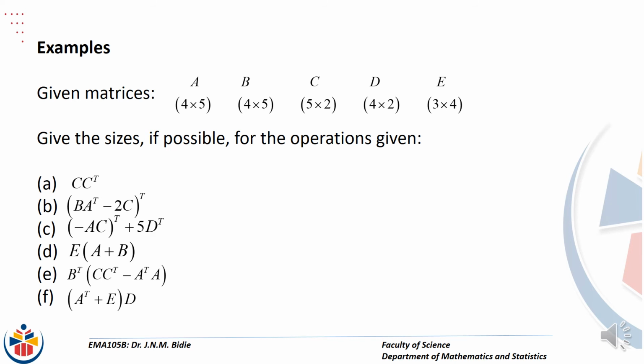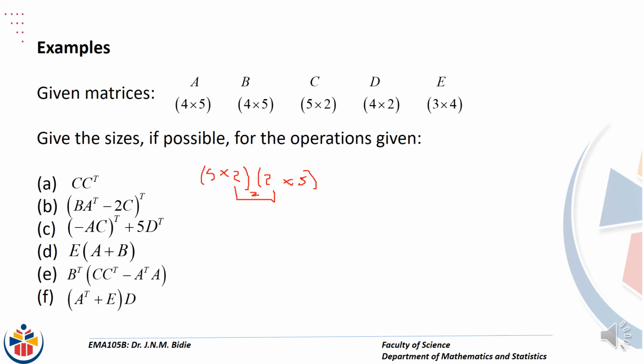So let me try and write it here. 5 by 2 and a 2 by 5 matrix. So that means you have these two equal.